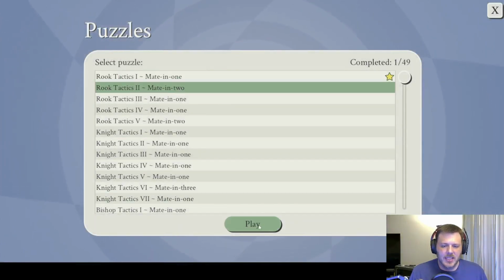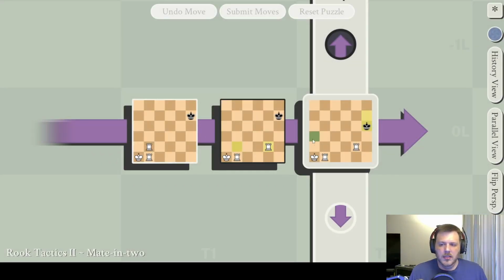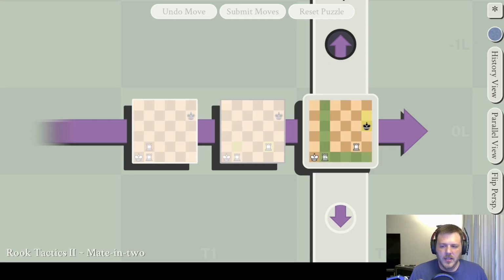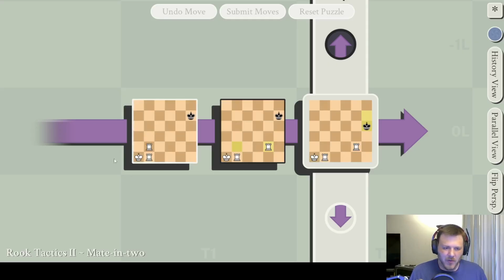All right, mate in 2. So right now, a rook can't move back in time because it's blocking itself. It would land on itself, so that's not a thing.